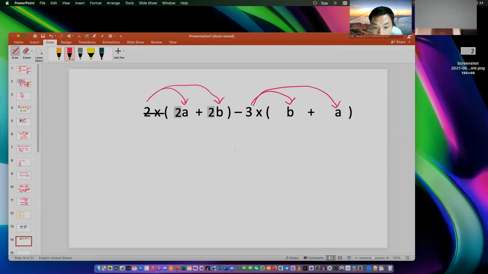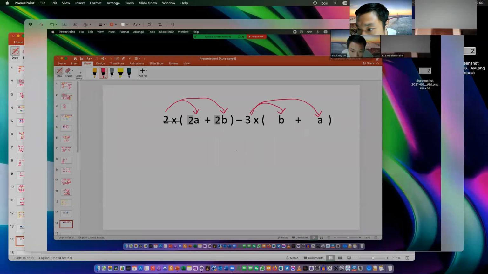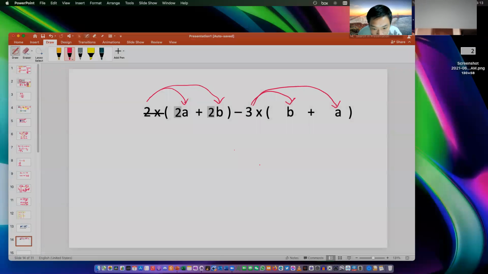When you do the first arrow, you are moving the 3 inside next to the B. And if you are doing the second arrow, you are moving the 3 inside next to the A. Let me just get it out. I need this one.